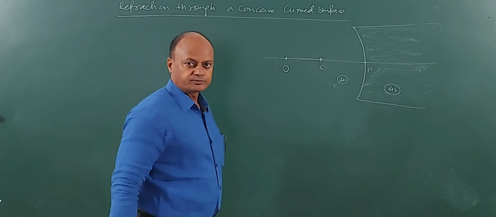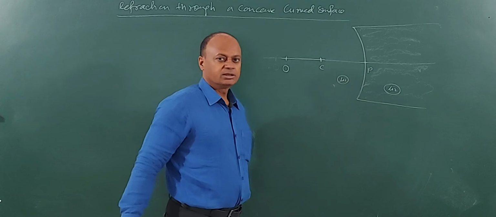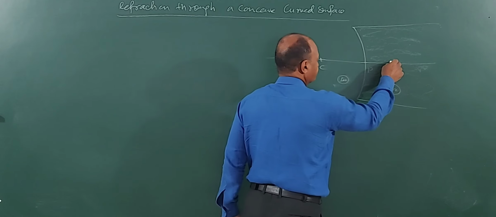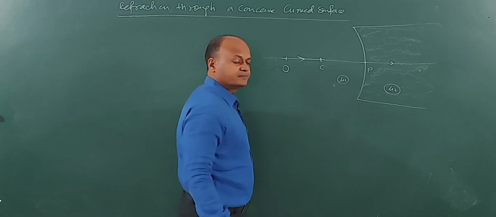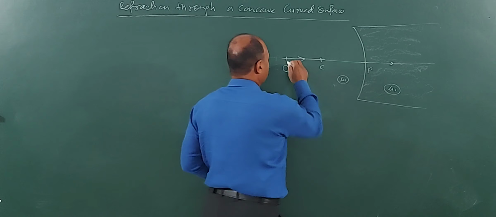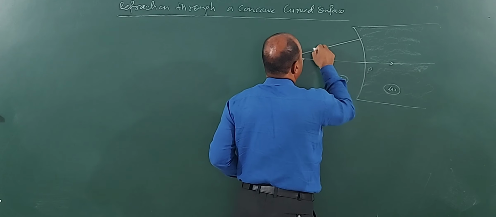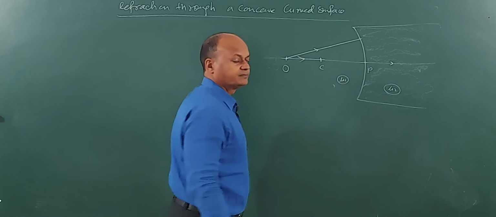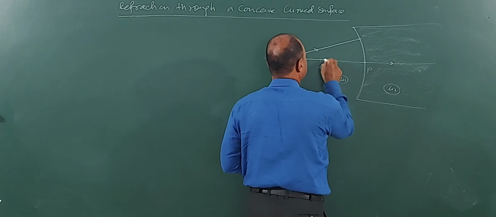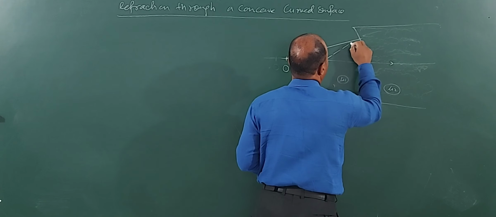Take two rays traveling from O like we saw before. One is through the pole. This ray is going to go straight, there will be no deviation. Now take another ray which is obliquely incident. Now this is the normal. Normal is always radial here.